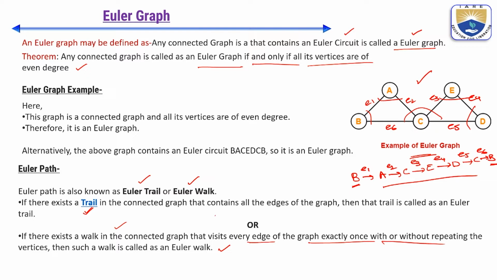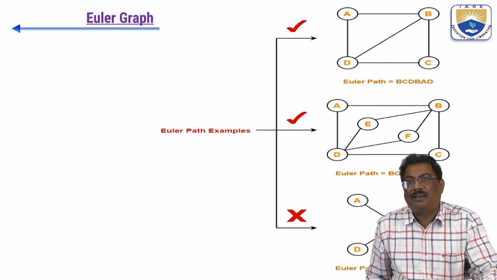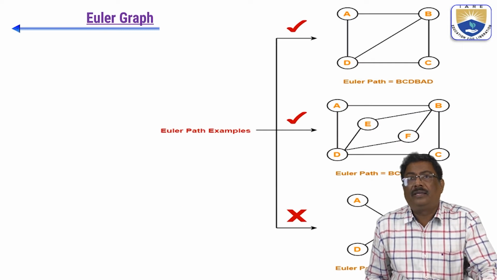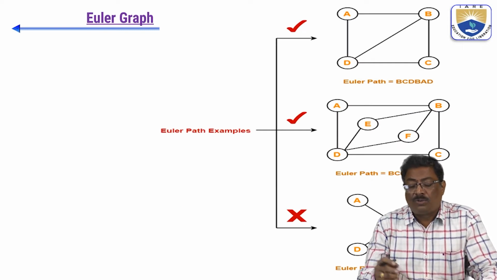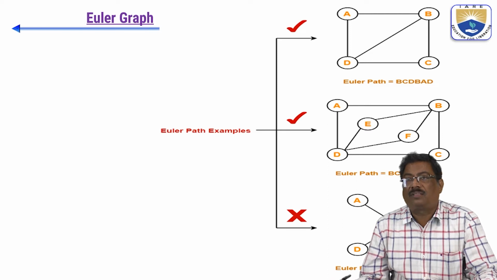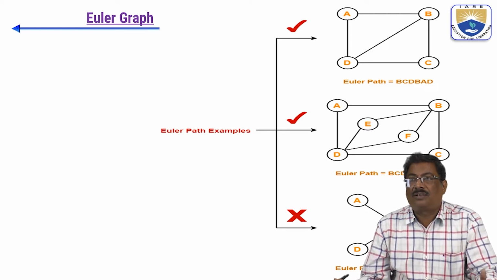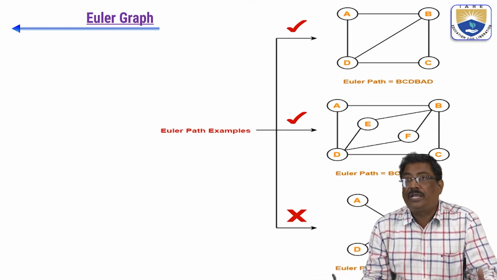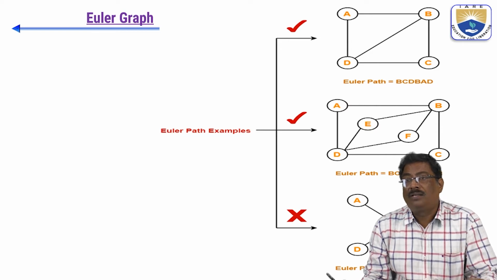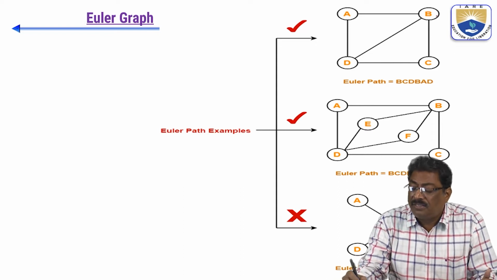In so many ways we can discuss the Euler's walk or Euler's trail. So we already discussed that. Now let us go for Euler's path or Euler's walk. It should be an open walk and it should cover all the edges. Let us go for the example.